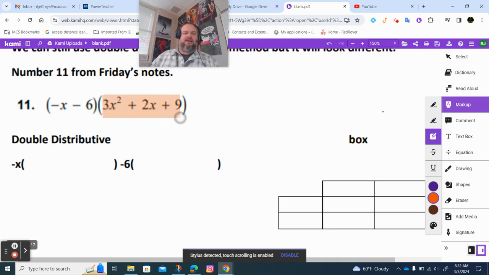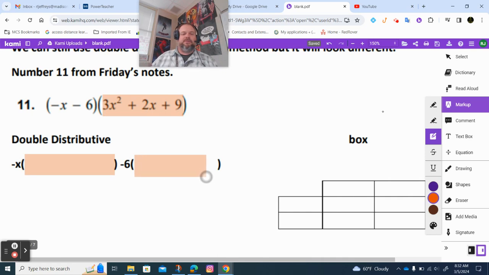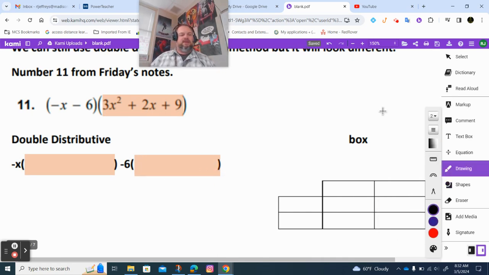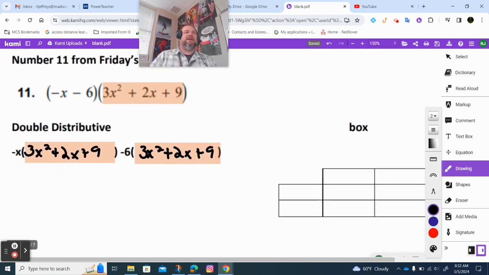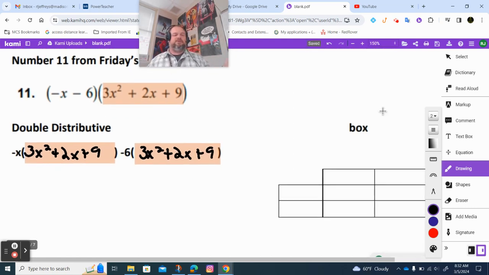So this now is what gets repeated in here if you're doing double distributive. Okay. Three x squared plus 2x plus 9. All right. And yeah, you're multiplying.